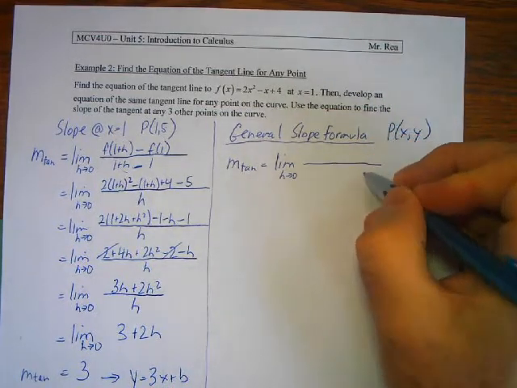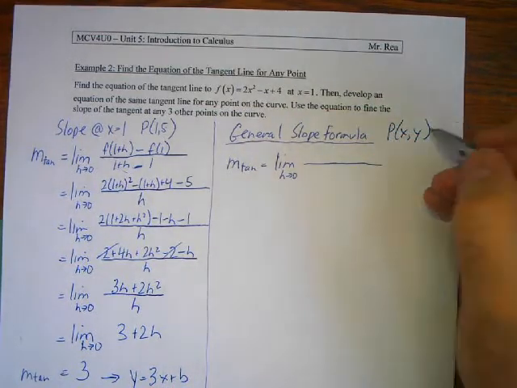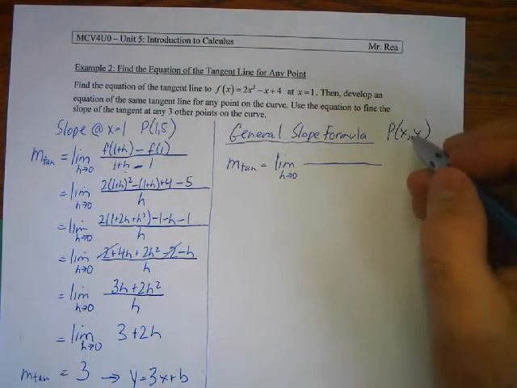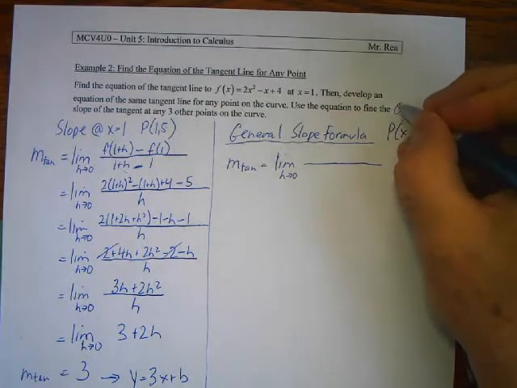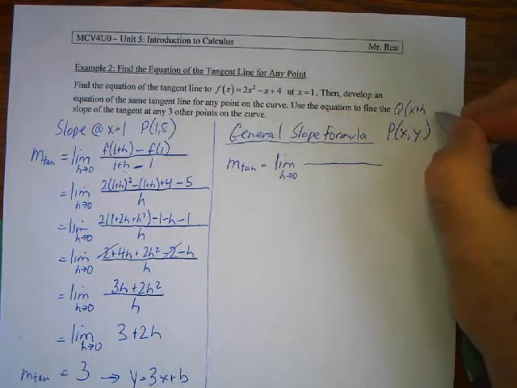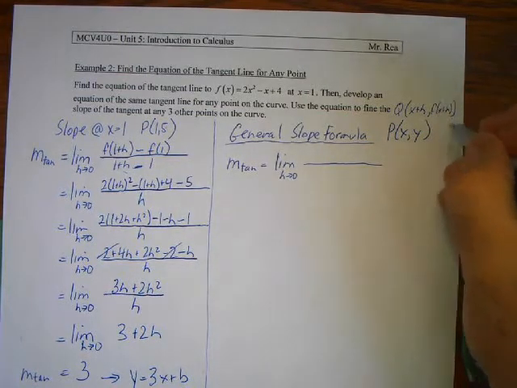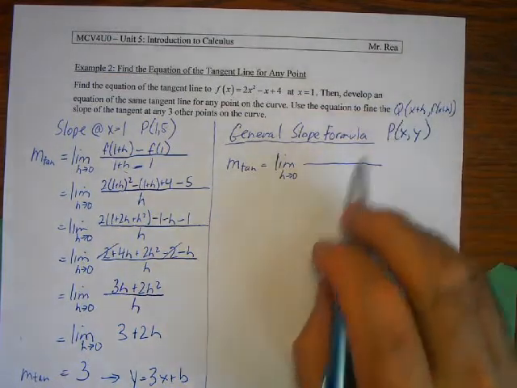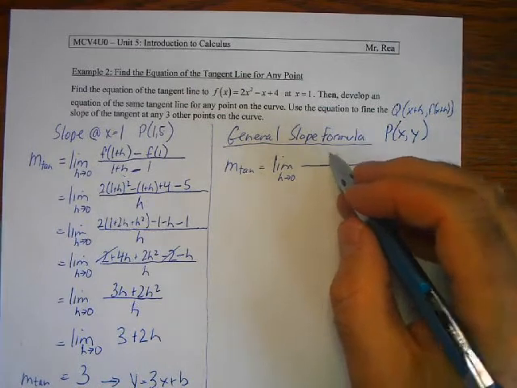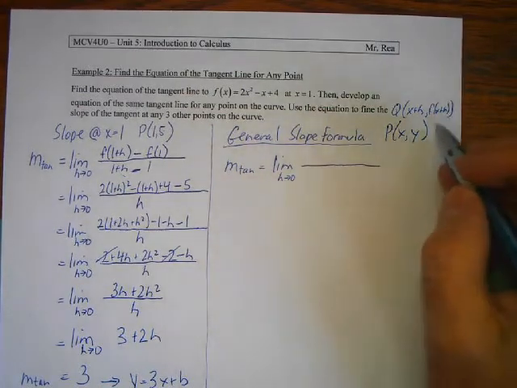Okay, so if P, we're still going to use points P and Q, but point Q is going to be x plus h, and then f of x plus h. So our change in the y is basically what's the value of f of x plus h.